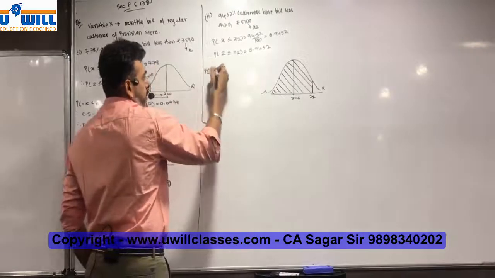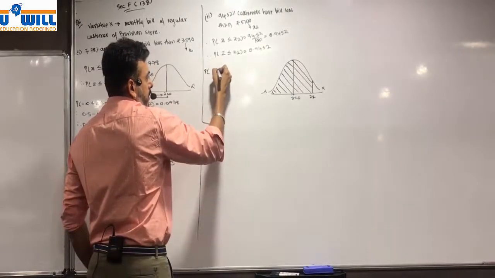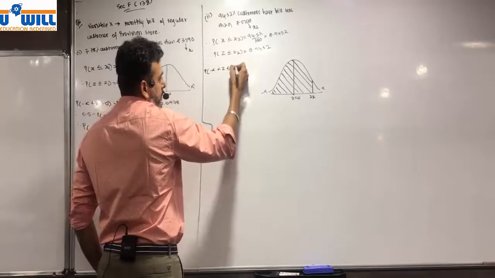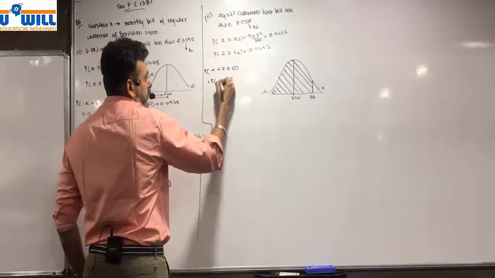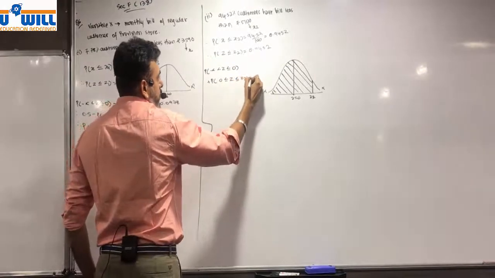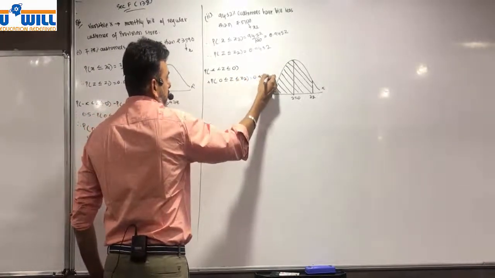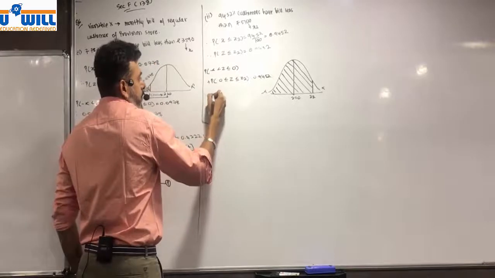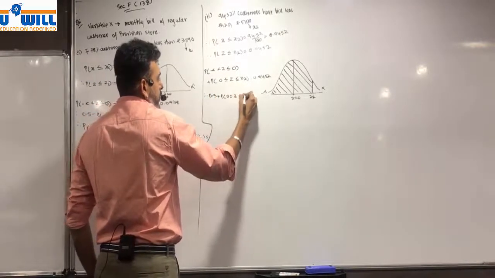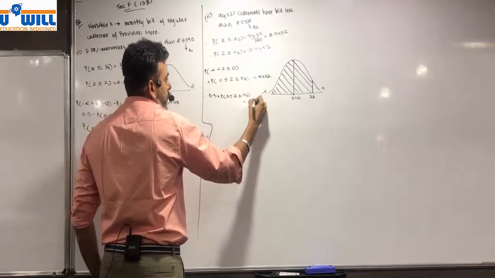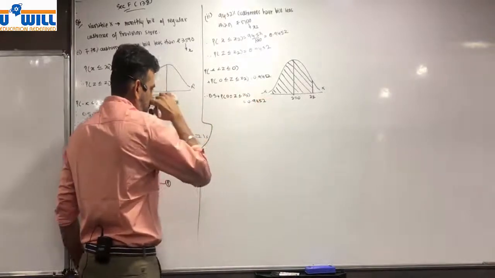So probability of Z greater than minus infinity, less than or equal to 0, plus probability of Z greater than or equal to 0, less than or equal to Z2, is equal to 0.9452. Therefore 0.5 plus probability of Z greater than or equal to 0, less than or equal to Z2, is equal to 0.9452.